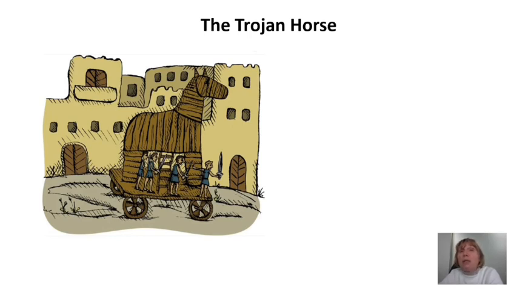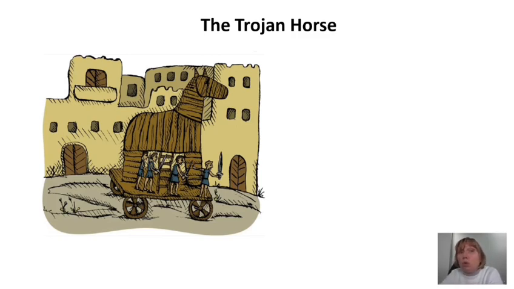Then Greeks pretended to sail away and left the horse on the shore. When Trojan citizens saw that Greeks had gone, they were very happy. And then they noticed the horse on the shore, and on the side it was written that this is a gift to the god Poseidon from the living Greeks.